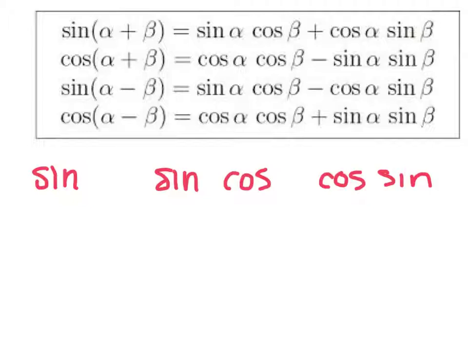So sine of alpha plus beta is sine alpha cosine beta plus cosine alpha sine beta. And sine of alpha minus beta is sine alpha cosine beta minus cosine alpha sine beta. When it's added, you add, and when it's subtracted, you subtract.